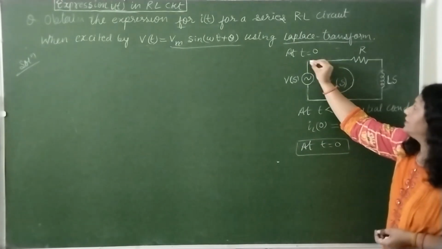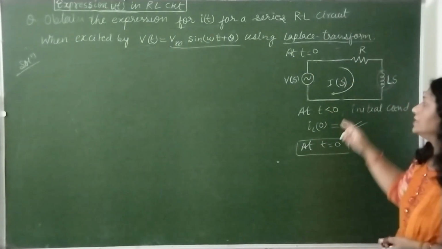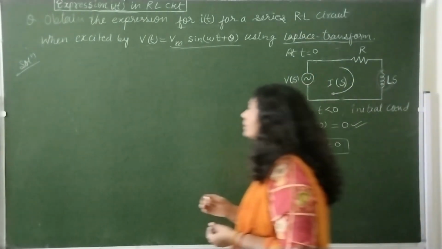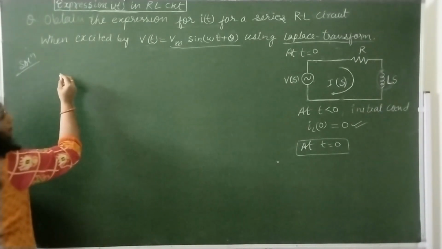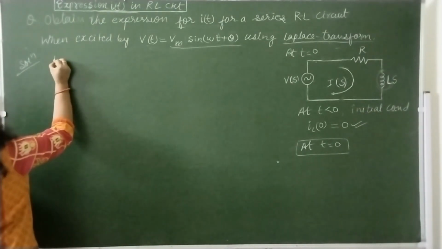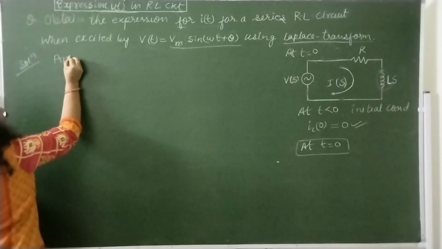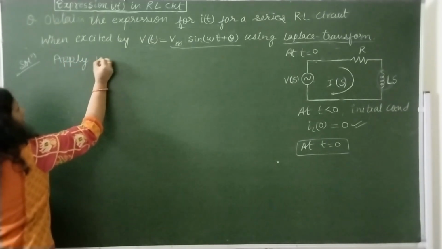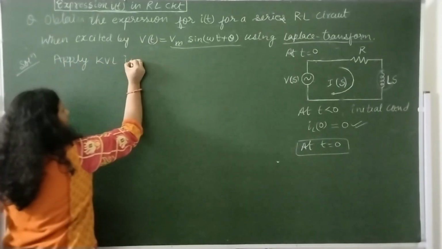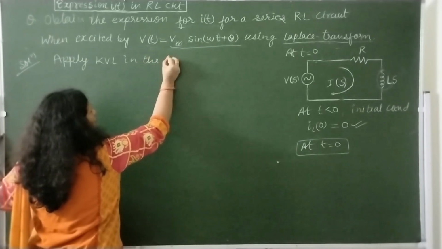Now write the KVL for this loop to find the value of Is. So apply KVL in the loop.